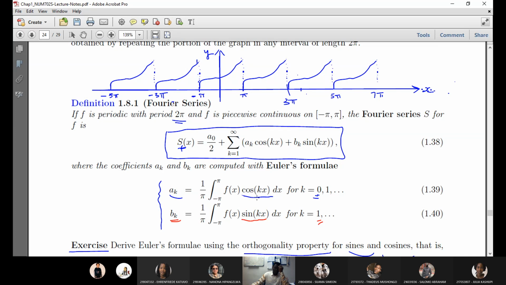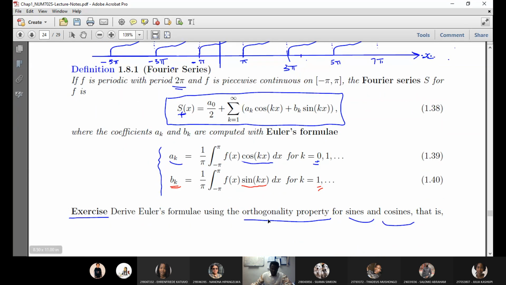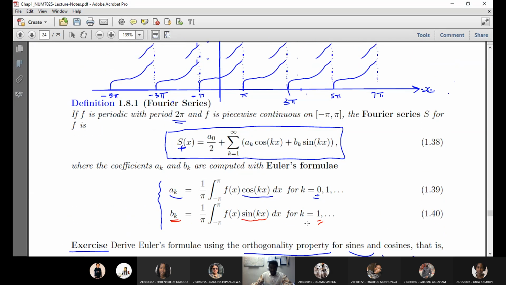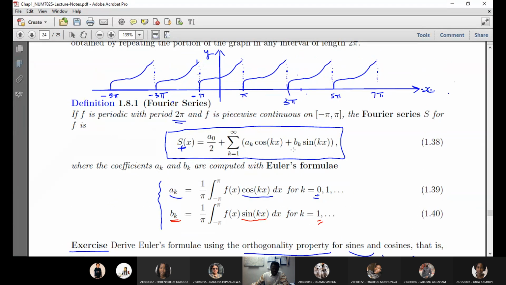The first exercise, as you can see here, we know what an orthogonality property is, right? We know already what that means. Now we are asked to show that the sine function and the cosine function are orthogonal.